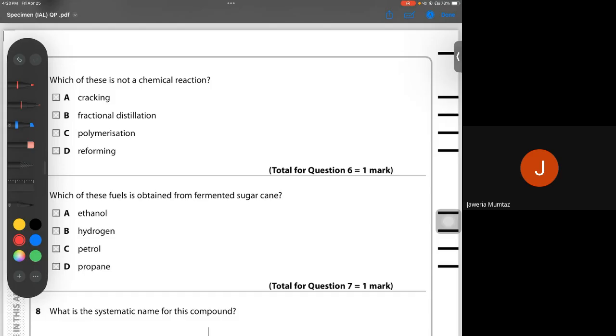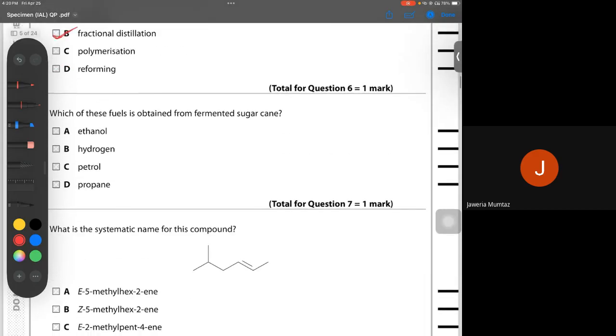We are not going to separate the compounds, because crude oil is a complex mixture of hydrocarbons. It was not a compound, it was a mixture. So this is not a chemical reaction, it's a physical change. We are just separating the different mixtures on the basis of their boiling points. Simple. Okay, so B is your correct option.